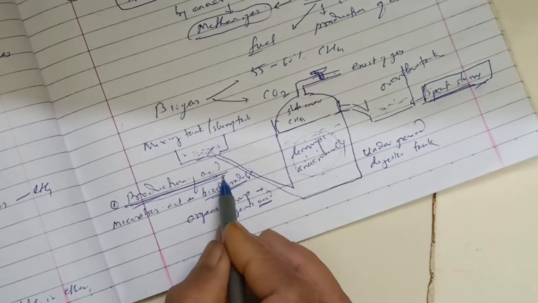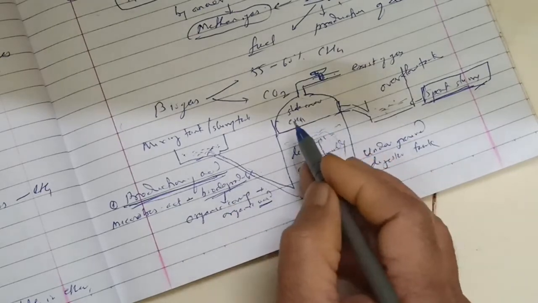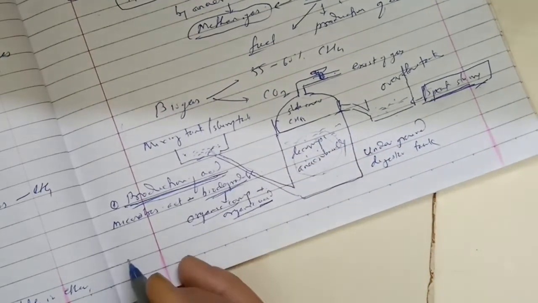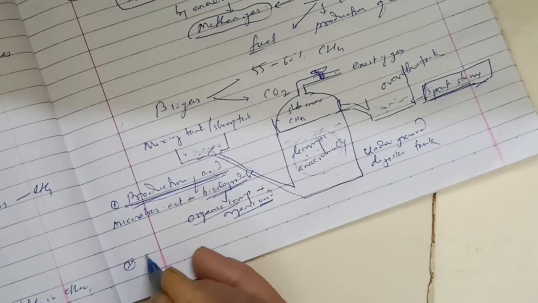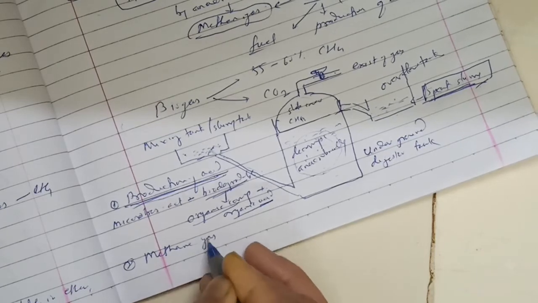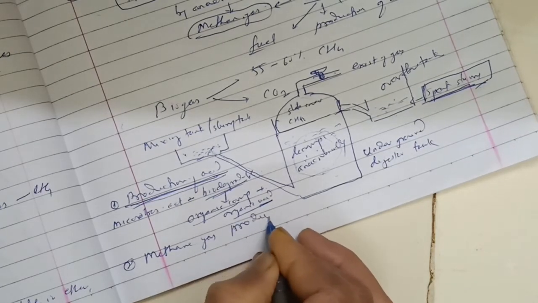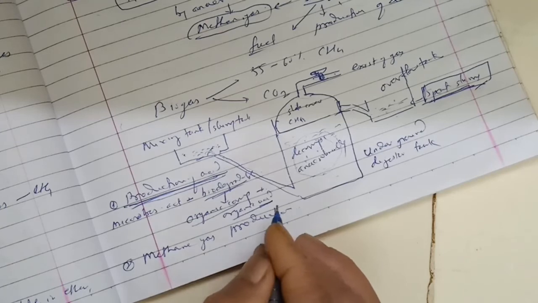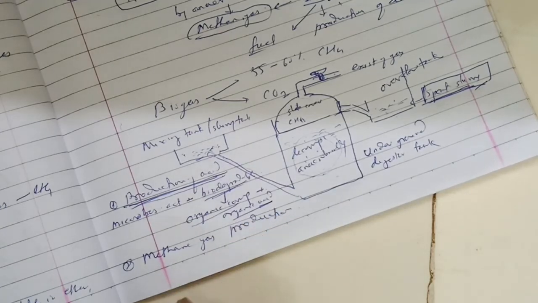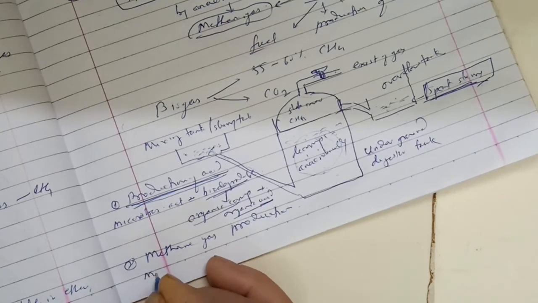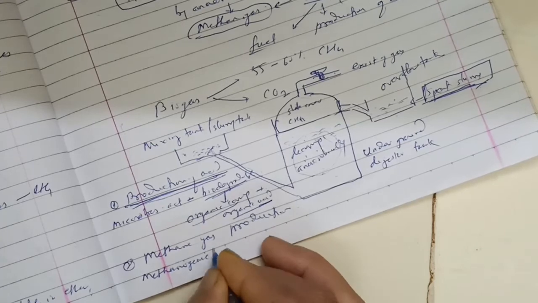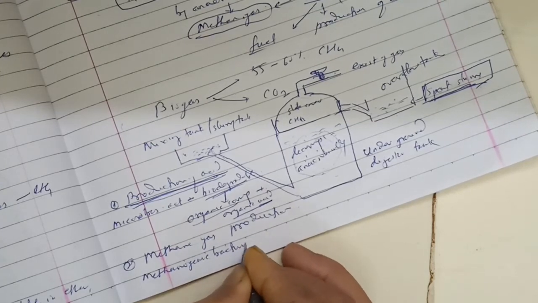In the first stage, from the slurry, organic compounds and organic acid are produced, and then the second stage takes place, in which methane gas is produced. Methanogenic bacteria are present.